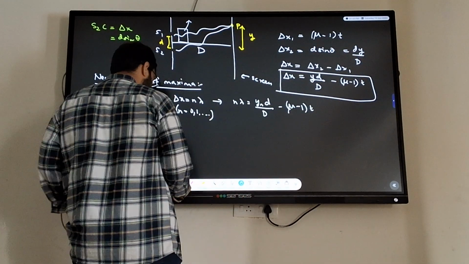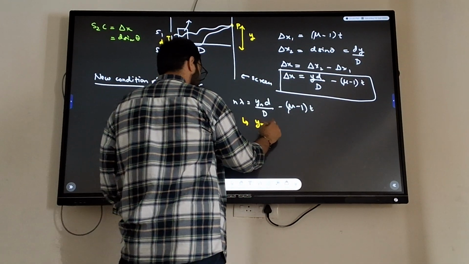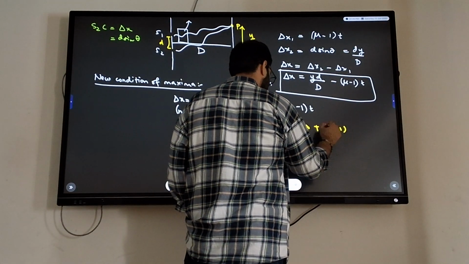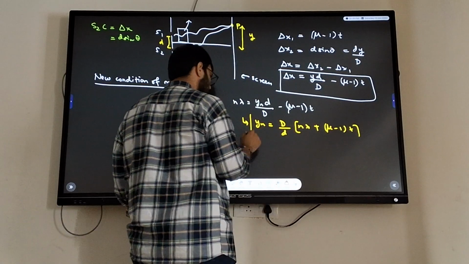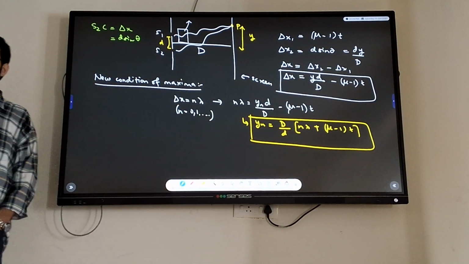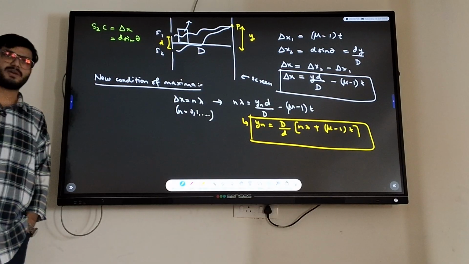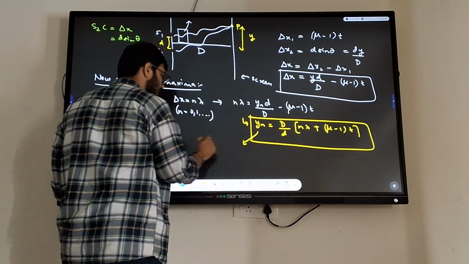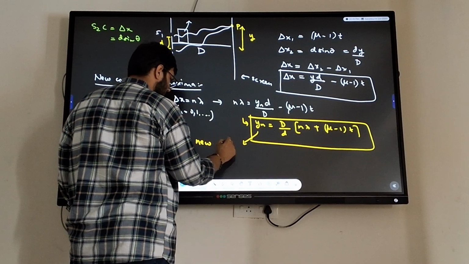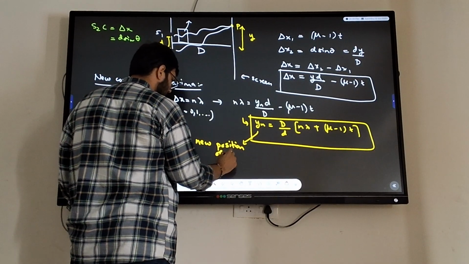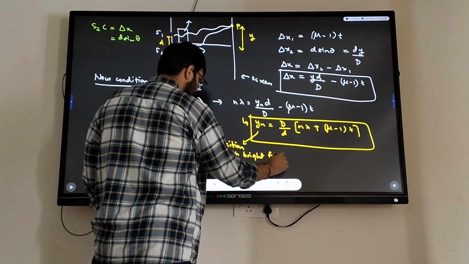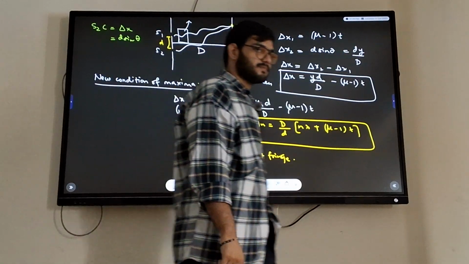Then what is small y n? That's D by small d times (n lambda plus (mu minus 1) into t). And this is the new position of the nth bright fringe after inserting a glass slab.